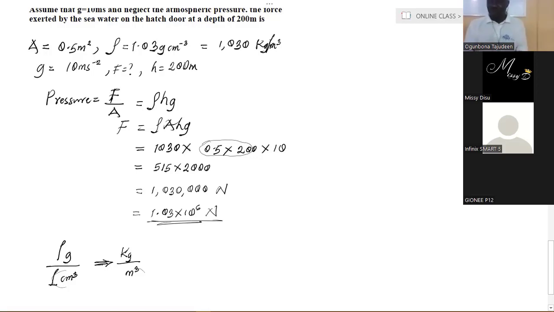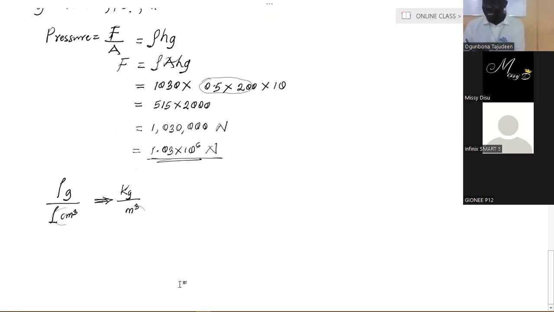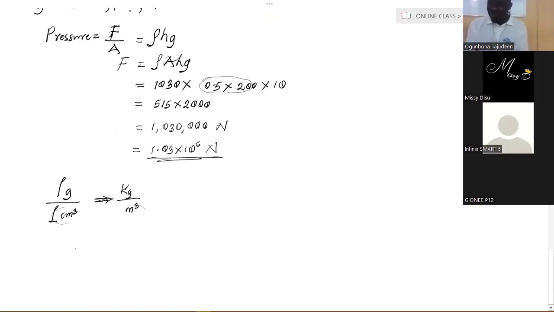So now, let me give you the solution to the end so that you can get it right. So 1 gram is the same as 1 over 1,000 kilogram, right? Then 1 centimeter, we know it to be 1 all over 100 meter.